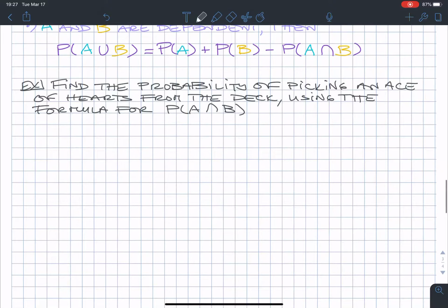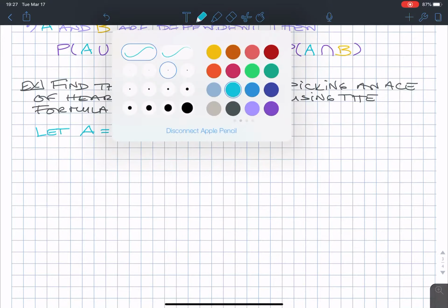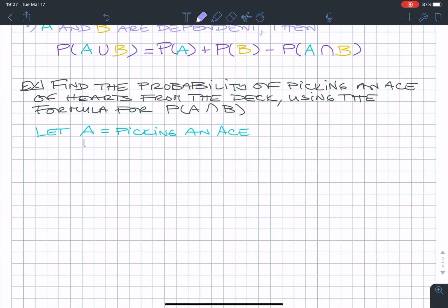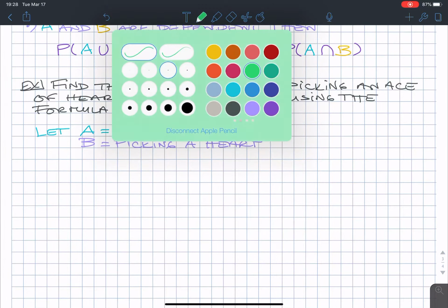Okay, so in this case, we've got two events really. So let's let A be the event of picking an ace. And let's let B be the event of picking a heart. What I'm looking for is the overlapping of these events.